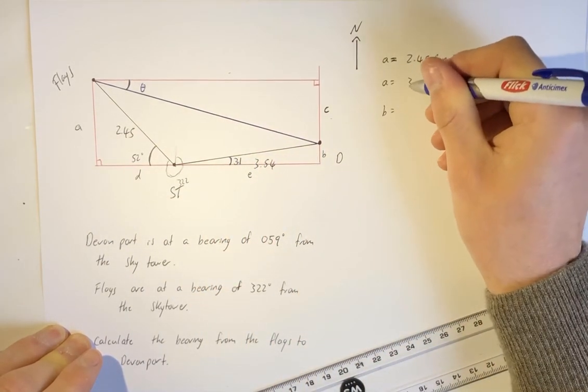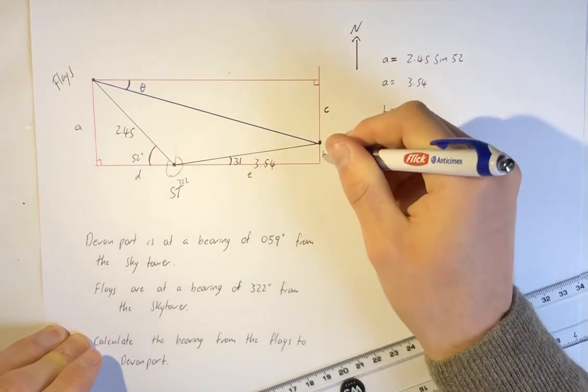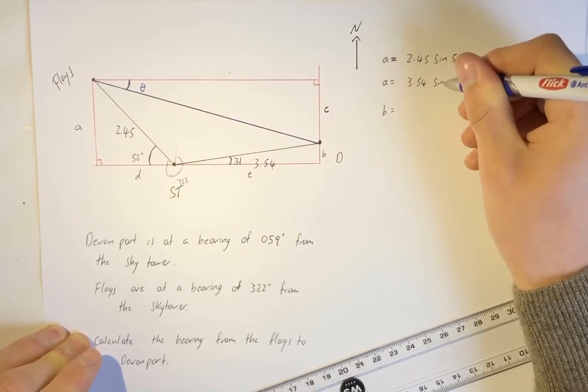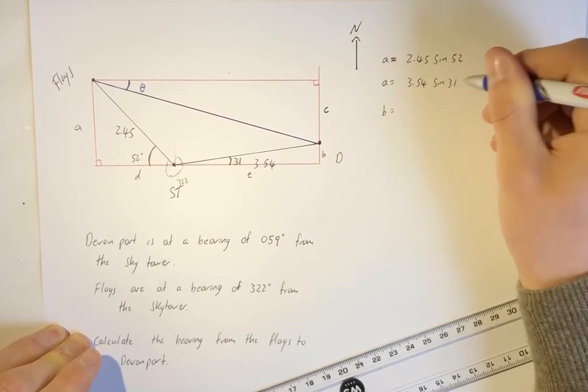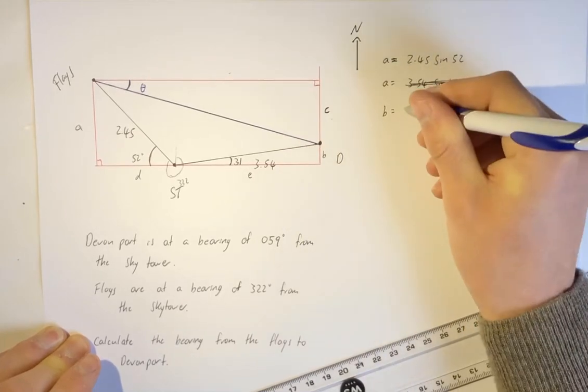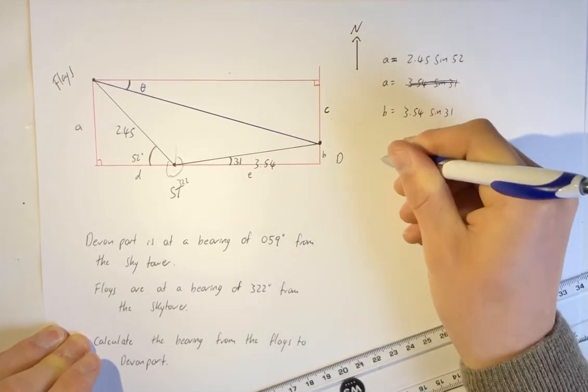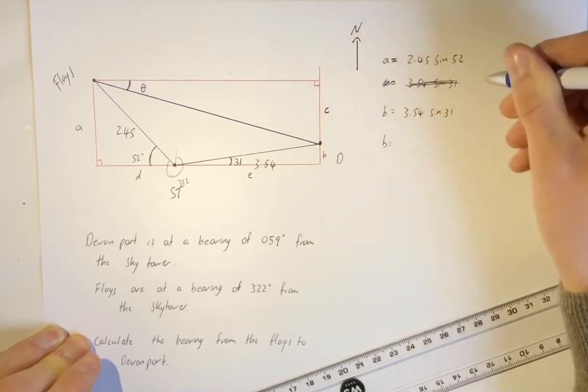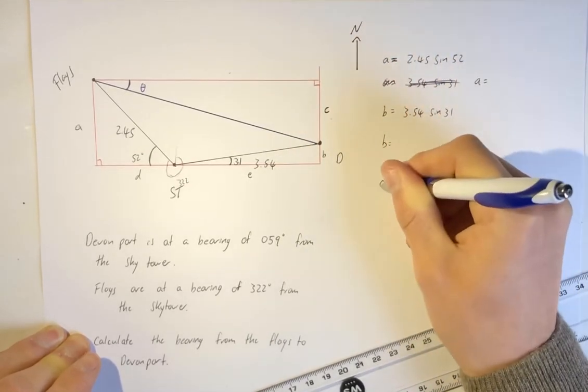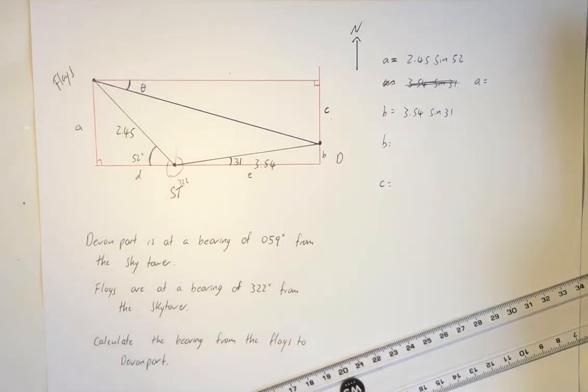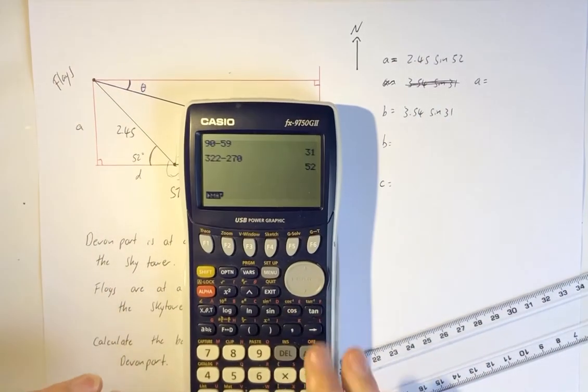So 3.54 sine of 31. I've just put that in the wrong place, haven't I? And C is going to be the difference between them. Let's do that on a calculator.